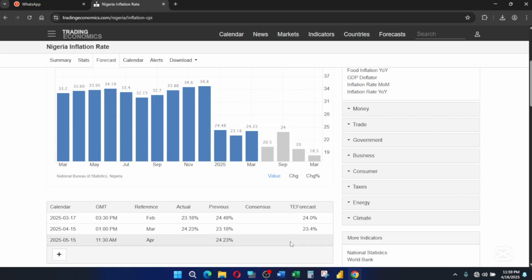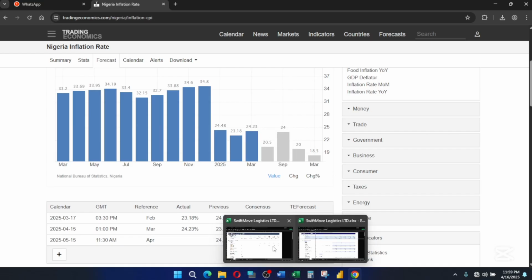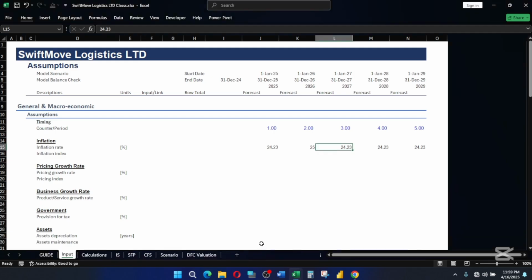Now, what we are going to say on our own, if that is their projection, is that the inflation remains constant within this period till June. Our own inflation rate at this point, because we are building a model, is 25%.